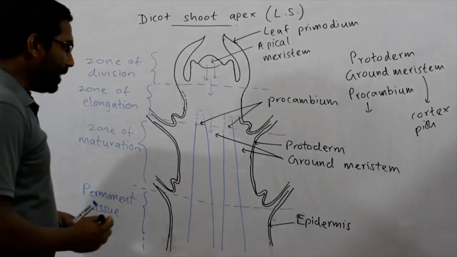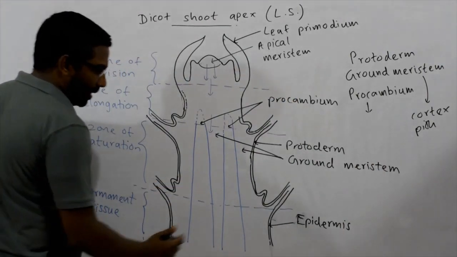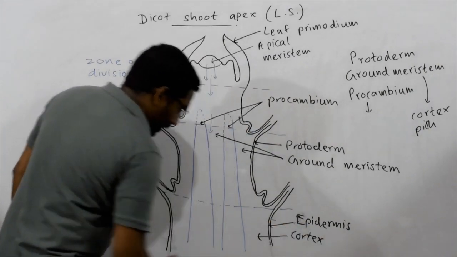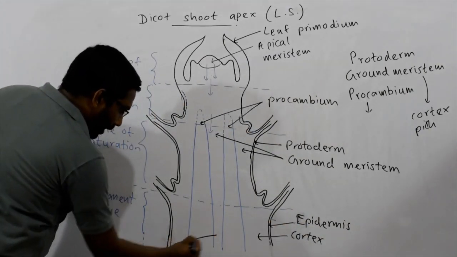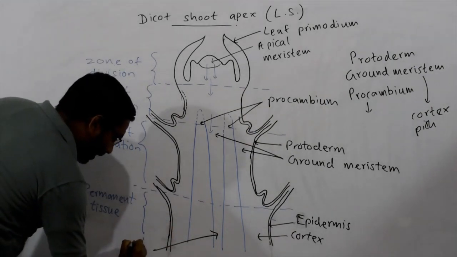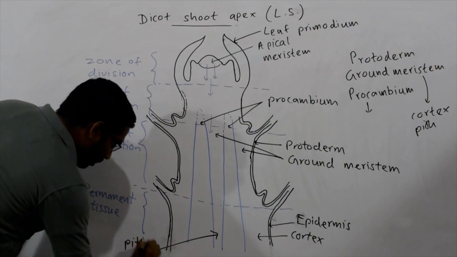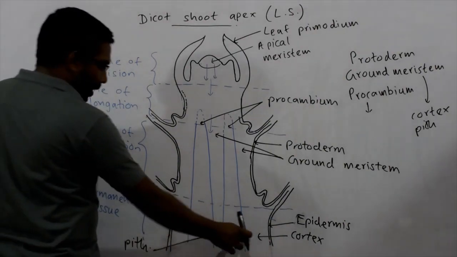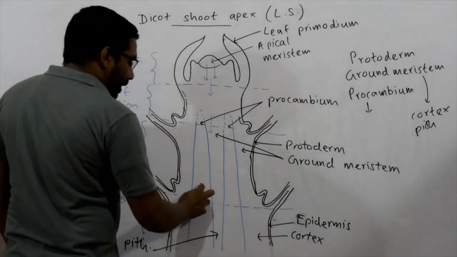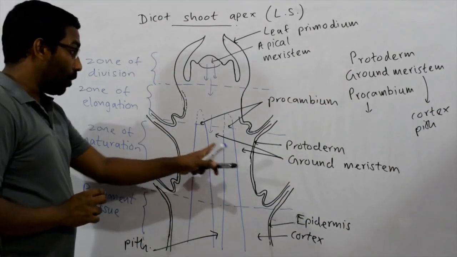Okay. We said this ground meristem produces cortex. Here, outer, it has the cortex. So this is cortex. In the middle it has the pith. At the middle of the stem it has pith. So imagine this is pith. Got that? Then cortex and pith are produced from the ground meristem. Then we will discuss the differentiation of these procambial strands.